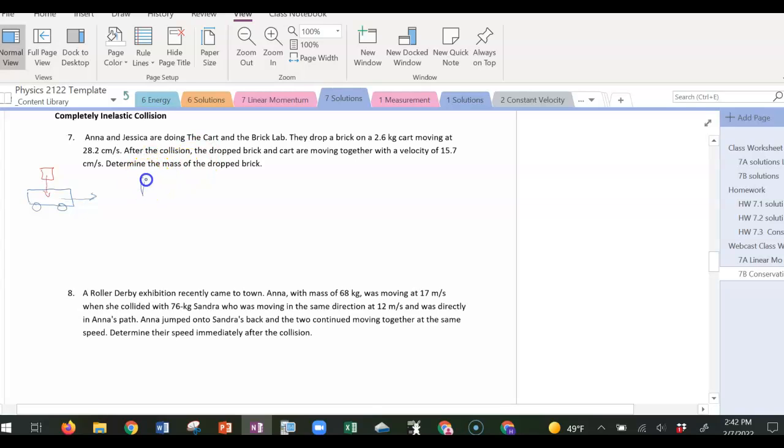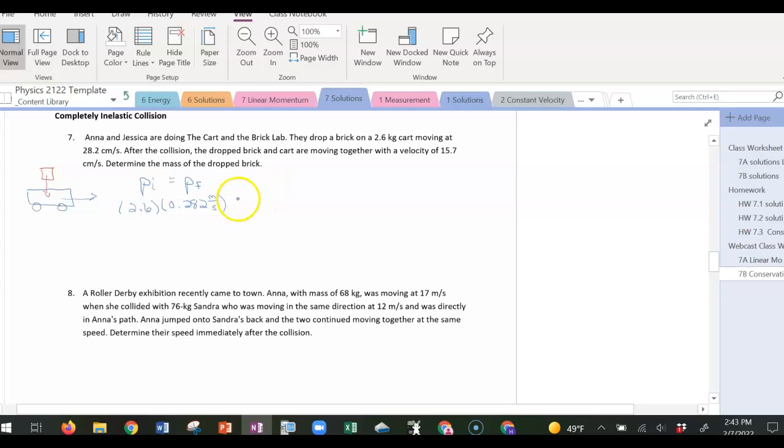Well, we know that the initial momentum should equal the final momentum. So at the beginning, the momentum of the cart is its mass, 2.6 kilograms, multiplied by its velocity, and I'm just going to change that 28.2 centimeters per second to meters per second, so that would be 0.282 meters per second.